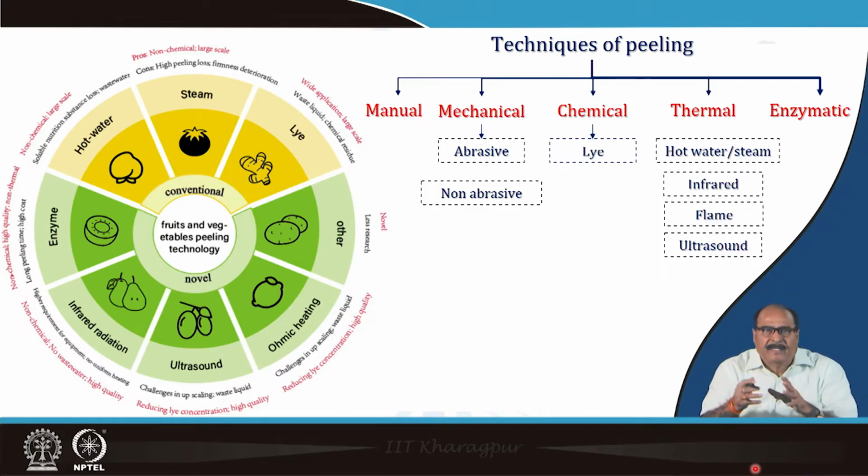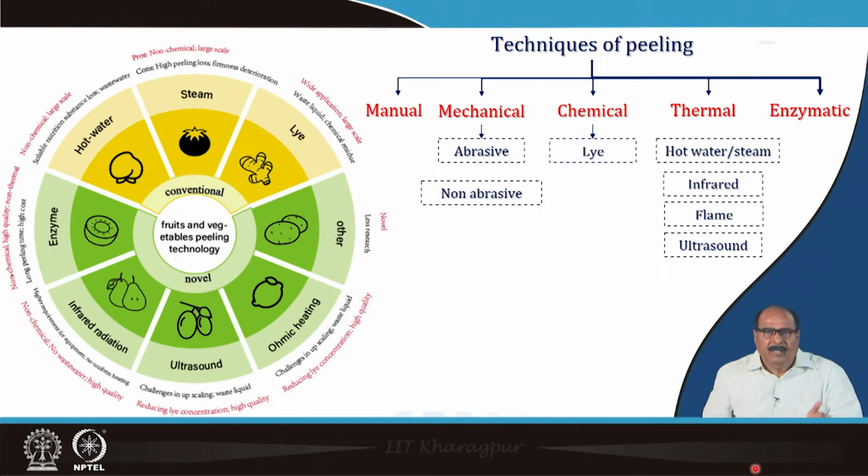So, these peeling technologies are grouped into two categories: the conventional technologies which include hot water peeling and steam peeling, and the novel peeling techniques which include ohmic heating, ultrasound assisted, infrared radiation, enzyme peeling and such other methods of peeling fruits and vegetables.